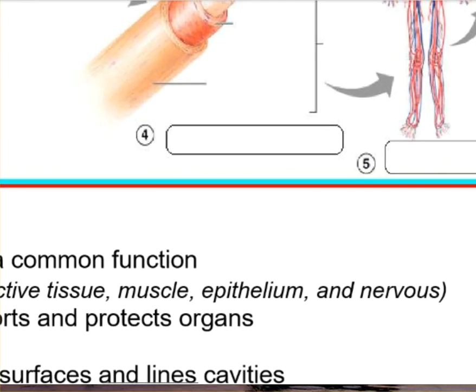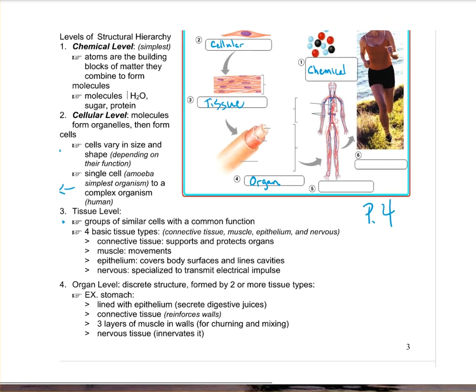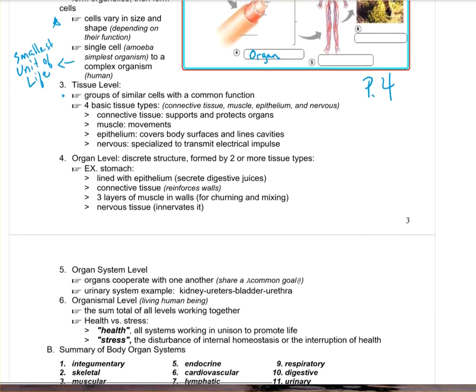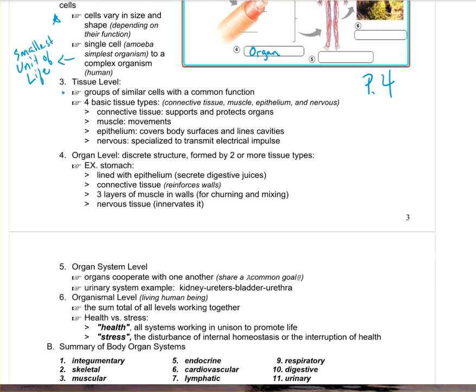So our number 4 here is organ, and it says formed by 2 or more tissue types, and again these 2 or more tissue types have some sort of common function. In this case, it's a capillary, so it's moving blood.